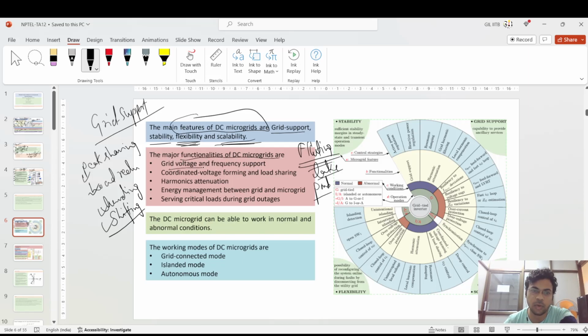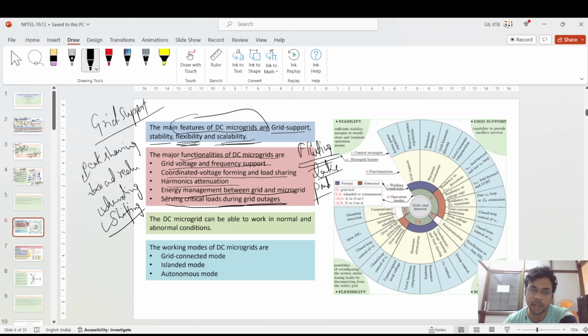Okay. So the major functionalities of the DC microgrid are grid voltage and frequency support, which I have told you, coordinated voltage forming and voltage sharing, harmonic attenuation, which I have told you using these control features, energy management between the grid and the microgrid, and serving the critical load during a grid outage.